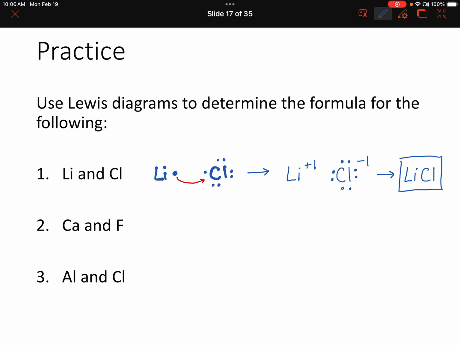Now, you don't have to draw the Lewis diagrams if you don't want to. If you can already see what the charges are and you just want to match those charges up, that's totally fine. But sometimes it can help to see that visual using the Lewis diagrams. So pause the video, try number 2 and number 3 on your own first, and when you're done, you can unpause and we'll go over it together.